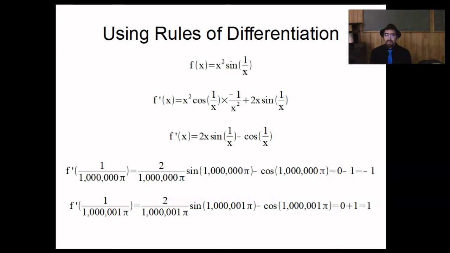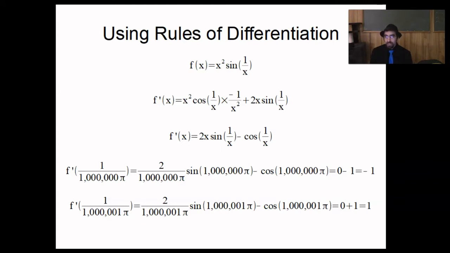Suppose that we want x close to 0. So let's say as long as it's 1 divided by a huge number, that'll get close to 0. So if I have 1 divided by 1 million pi, then I'll get 2 over a million pi times sine of a million pi. Sine of a million pi is 0. I then subtract out cosine of a million pi.